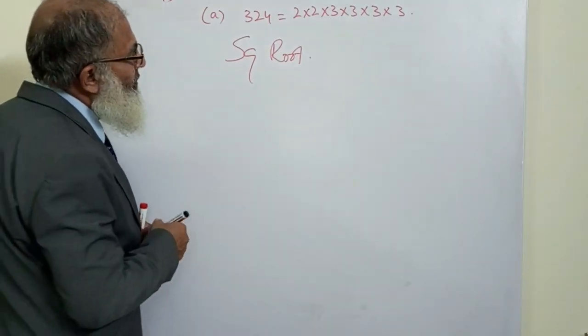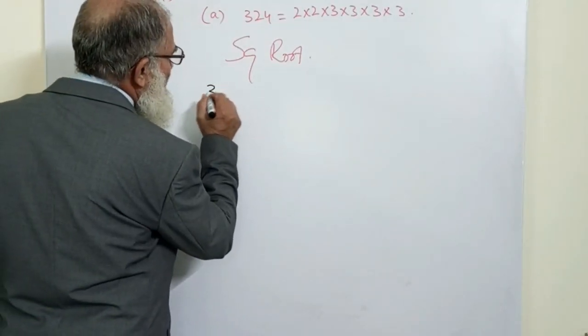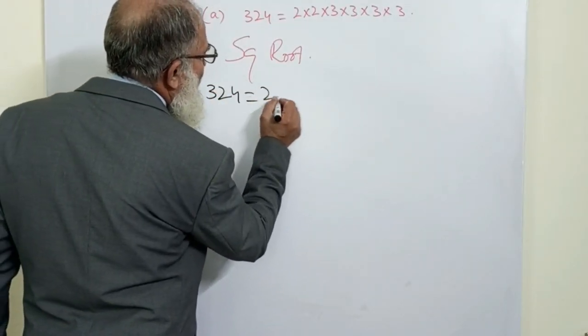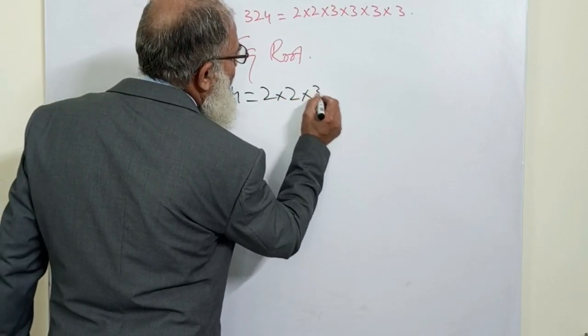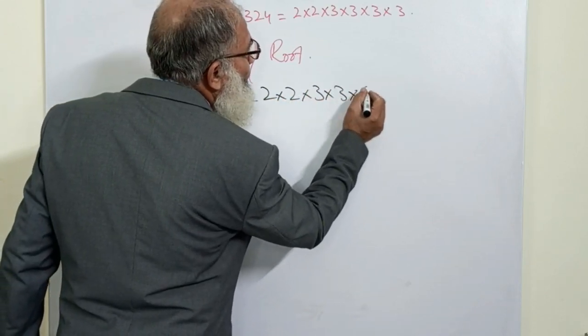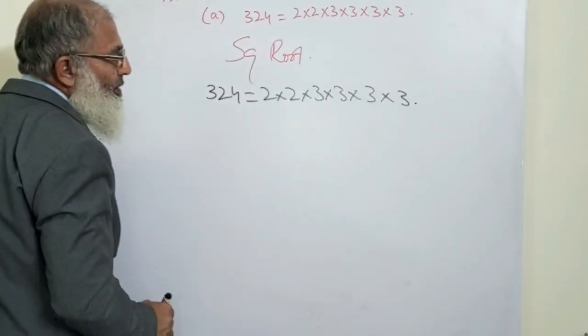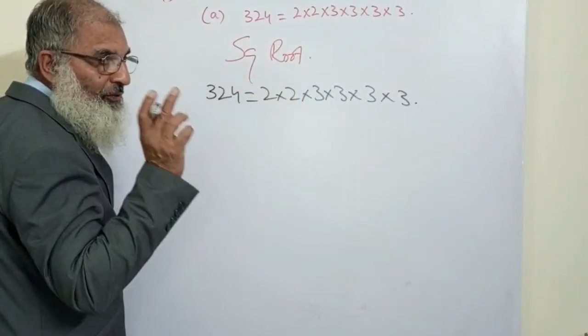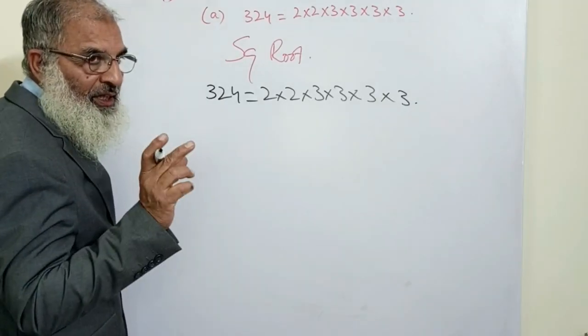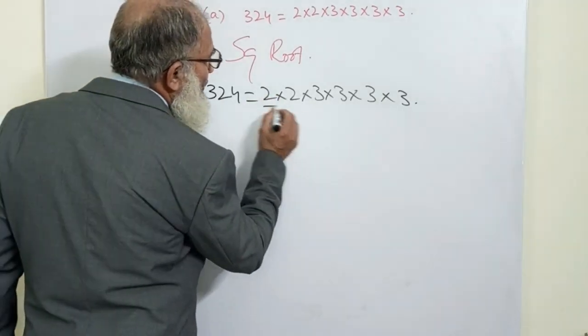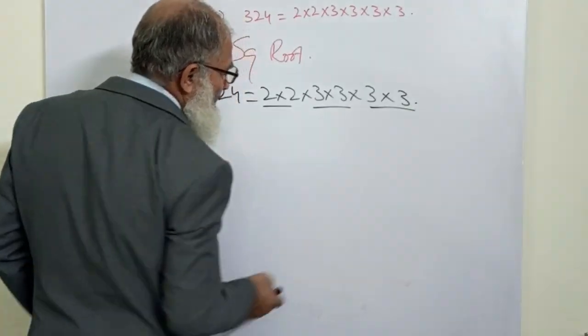What I do, I rewrite this question so that it remains visible to you. Since it is a square root, we have to find the pairs, not the triplets. So this is a pair, this is a pair, and this is a pair.